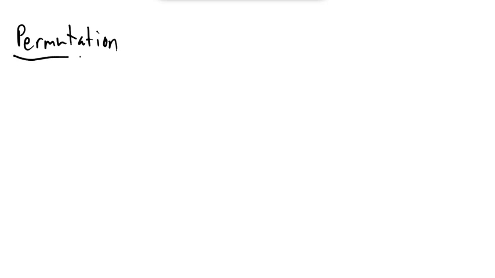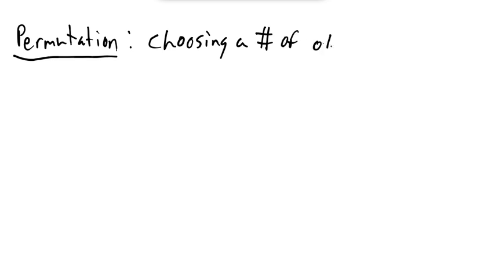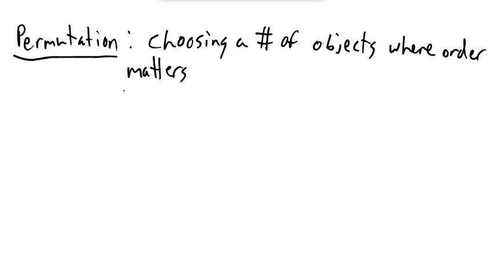And what a permutation is, it's choosing a number of objects where the order matters. Right. So what do I mean order matters?